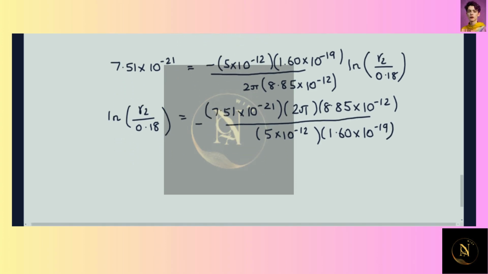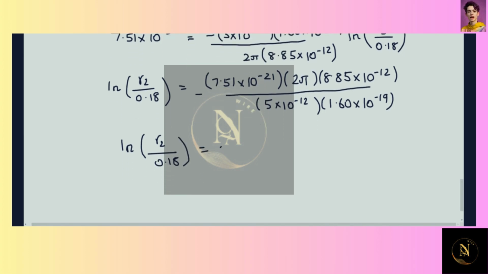And we can go ahead and evaluate this entire expression, and that gives us the natural log of R2 divided by 0.18 as being equal to 0.522.